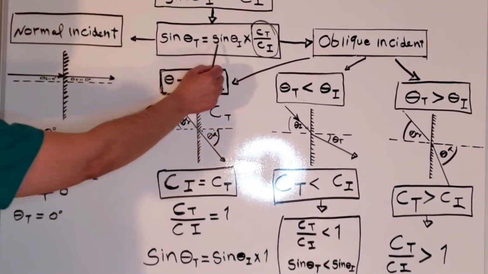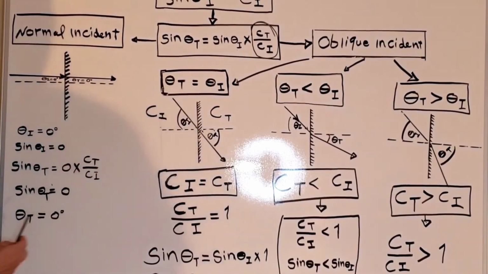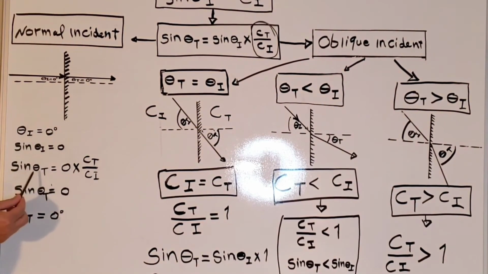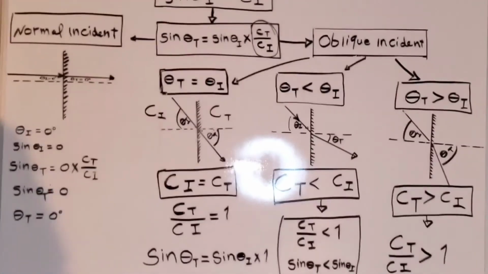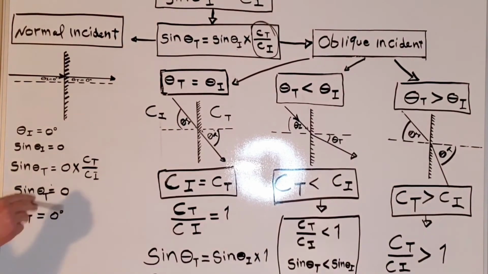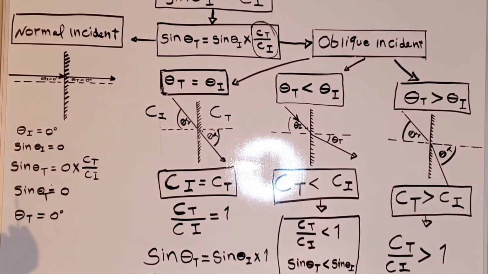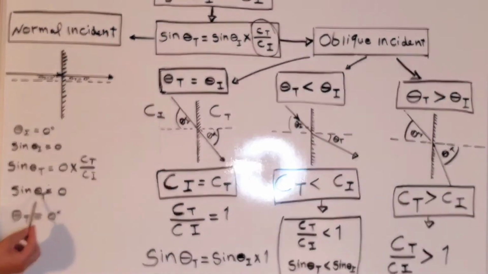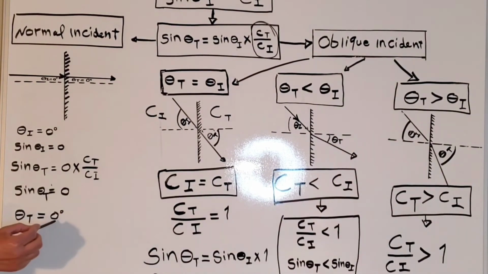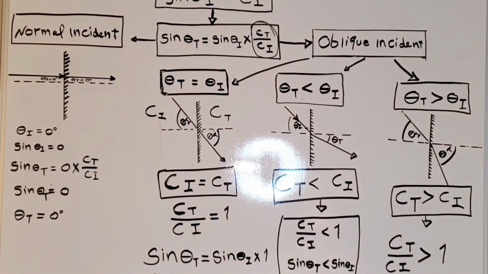So if we take sine theta I and put 0 instead, the equation will be sine theta t equals 0 multiplied by ct divided by ci. Any number multiplied by 0, the result will be 0. So that means that sine theta t, sine the angle of transmission, will equal 0, and that means that the angle of transmission will also equal 0.